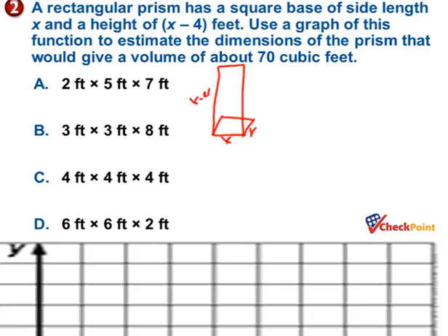Remember, the volume is equal to the base area times the height. So the volume is equal to the area of this square, which would be x times x, or x squared, and the height would be x minus 4. So as I multiply here, I'm going to get x cubed minus 4x is equal to the volume.